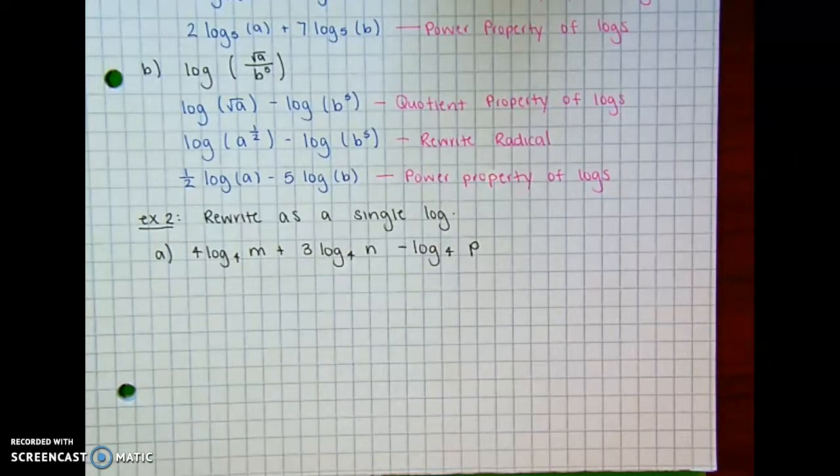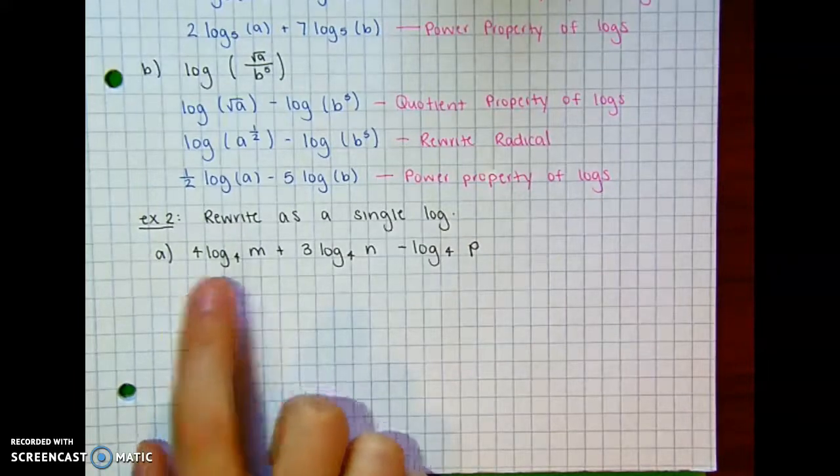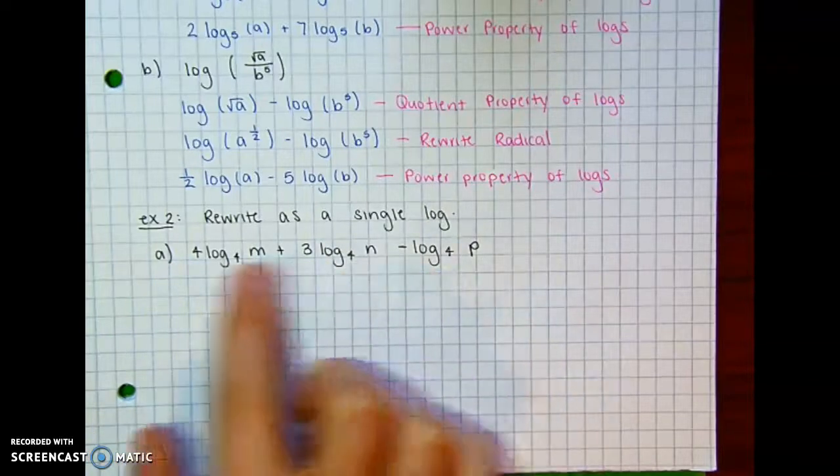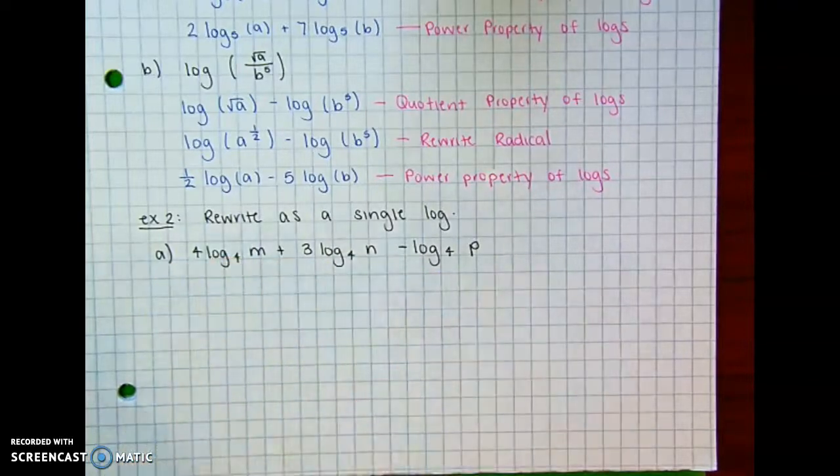The question is, what do we do first? So it kind of follows the PEMDAS, right? Order of operations. So we're going to start with those powers. And I'm going to rewrite all of these so that the number in front will be moved.